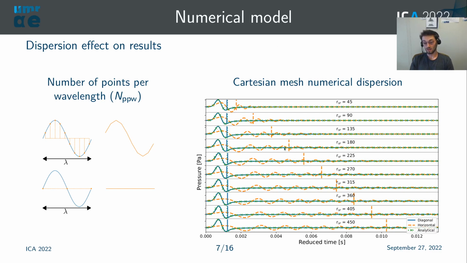And now you can see the effect of the dispersion on one wave packet. You can see that on the diagonal here, there is no dispersion, and here there is dispersion. So that's the effect that dispersion can have on a signal, which is not wanted, but we will see that sometimes we can cope with it.